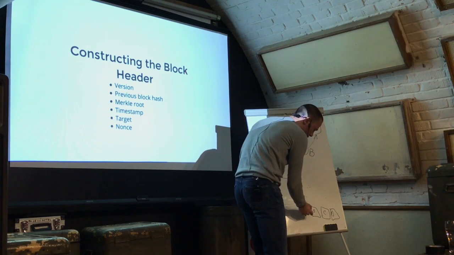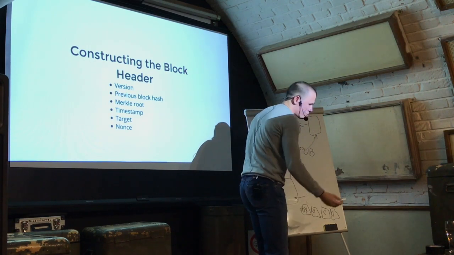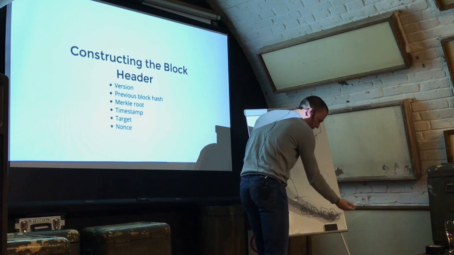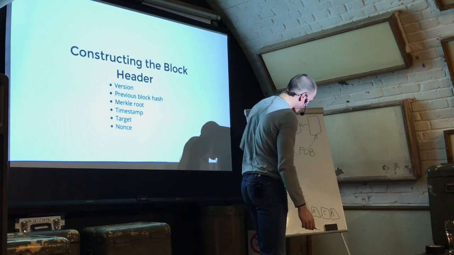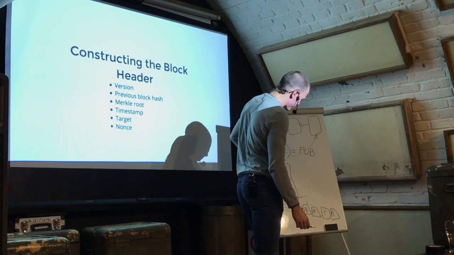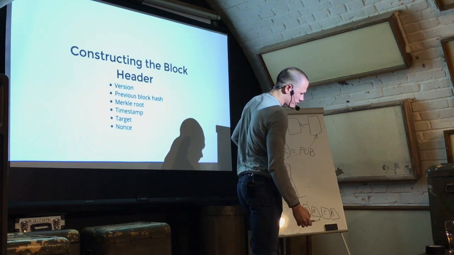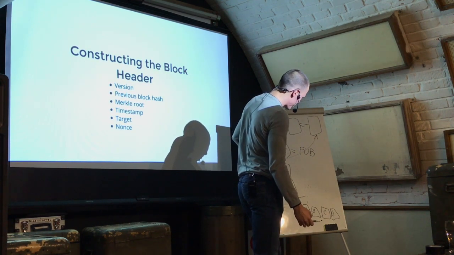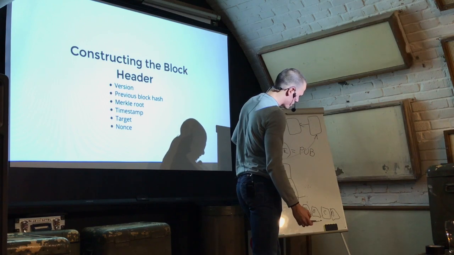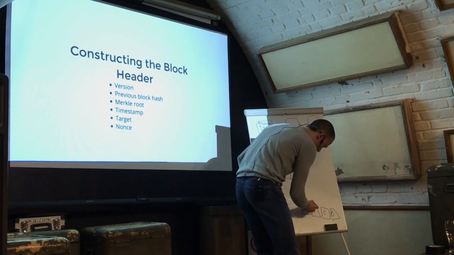If we had 2,000 transactions, it would be 2,000 hashes of transactions. We don't want to put 2,000 hashes inside of the header because that would be very troublesome for the network, and it would make the block very big. So in order to lower it down, we make a tree.